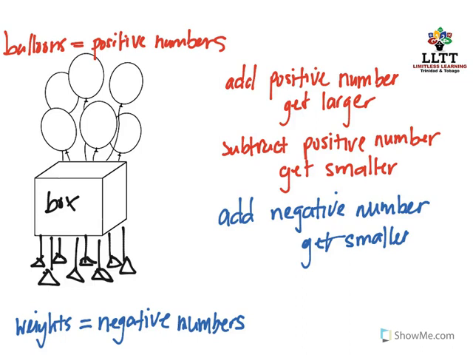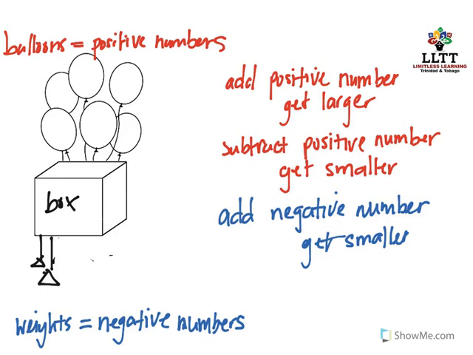What about when we subtract our weights? Well, if I take away the majority of these weights, let's say I only have 2, it means that I'm making my box lighter, which means that my box is going to move upwards.